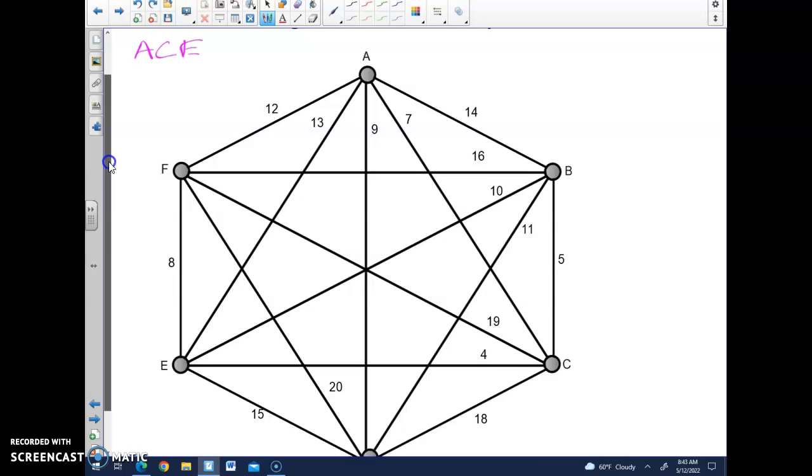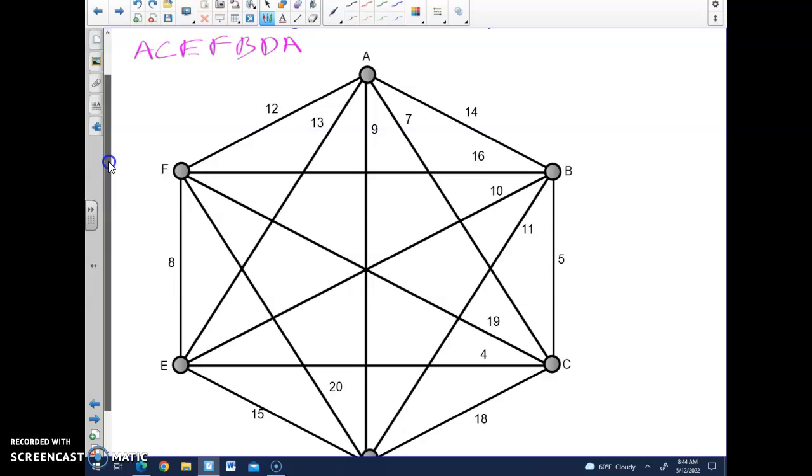So now I have 3 letters left, B, F, and D. E is 8 to F, E is 10 to B, E is 15 to D. So now I go to my letter that's closest, F. So now I have B and D to go to. B is 16 and D is 20. So I'm going to B. And that means I have to end up at D, and then I go back to A, and I need to add that up.